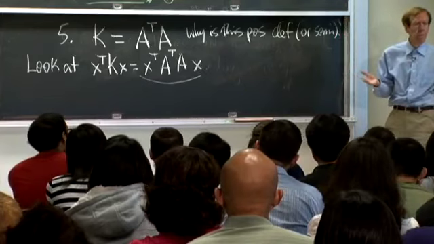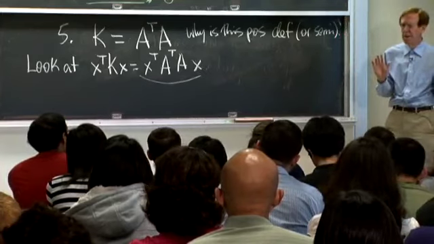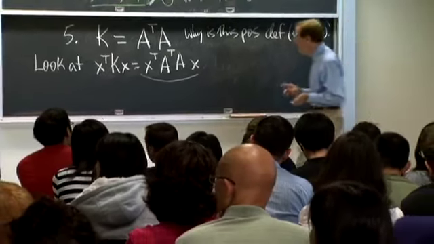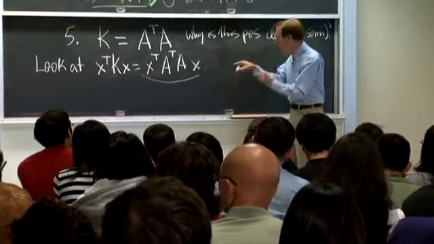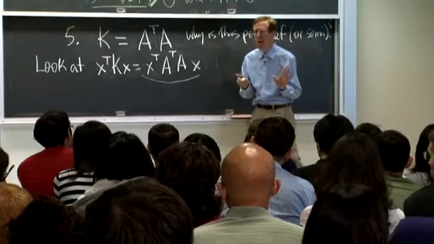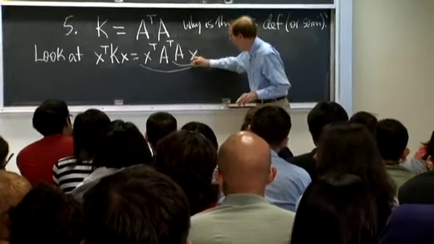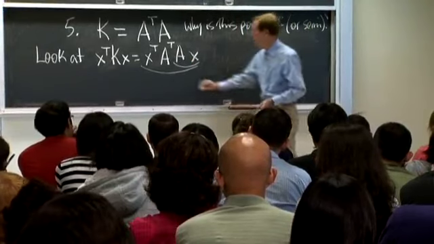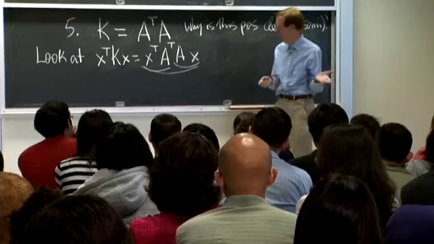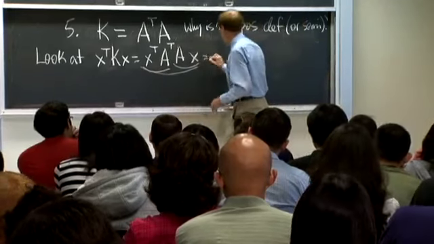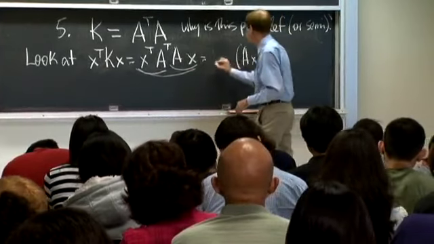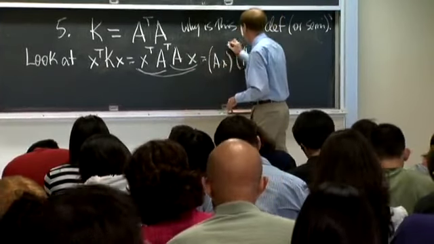What shall I do? Anybody see what I might do? If I take AX together, then what's the other half? It's the transpose of AX. So I want to think of it as AX, and here's the transpose of AX, right?